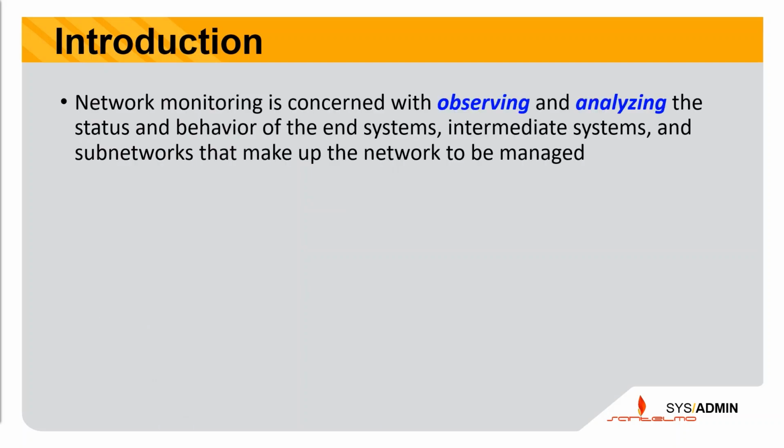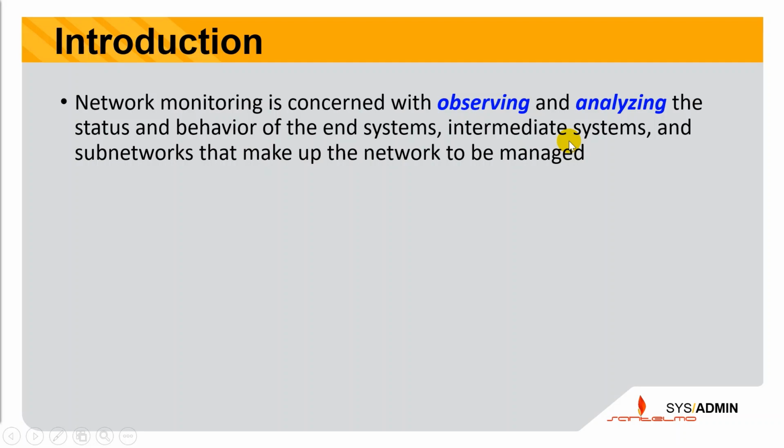So network monitoring is basically concerned with observing and analyzing the status and behavior of the end systems. When you say end systems, this pertains to computers, servers, printers, right? VoIP. These are the components that can be found on the end segment of the network. Also intermediate systems.